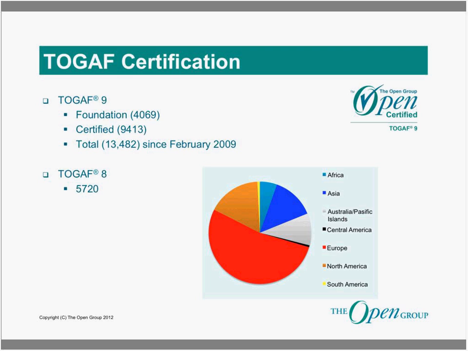In terms of the spread of certifications, Europe tends to have the most, in countries like the UK, Netherlands, France, and the Scandinavian countries. Then we have North America, mainly the US but also some from Canada, Africa, which is mainly South Africa, and Australia. There are a lot of people in Australia who have done TOGAF, and increasingly in Asia, people in India do TOGAF.